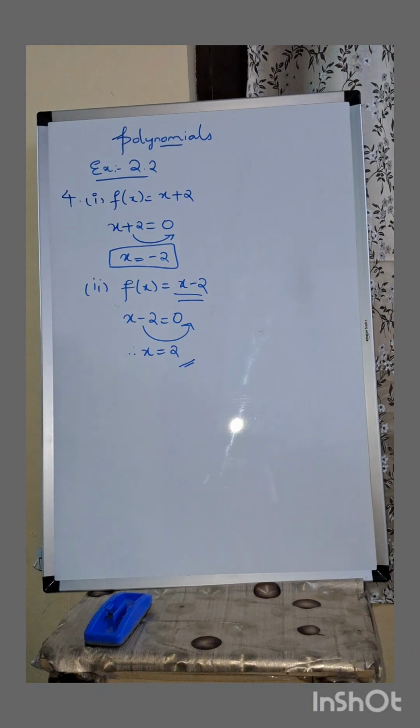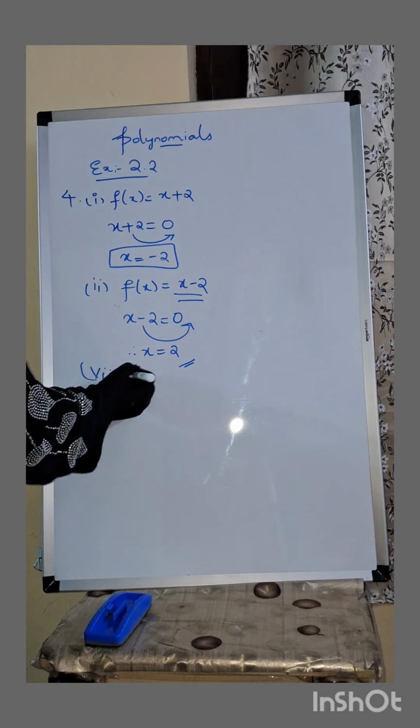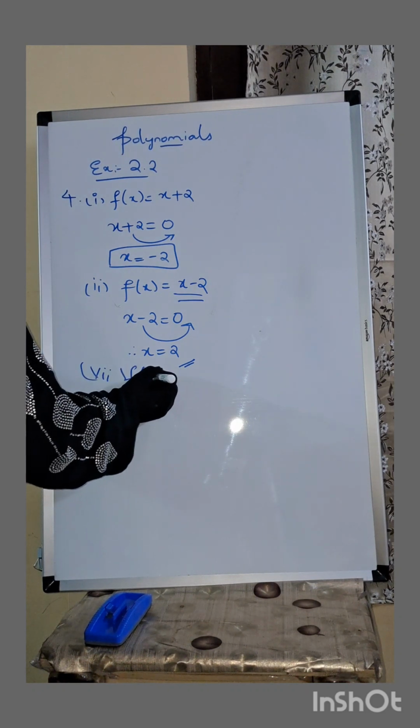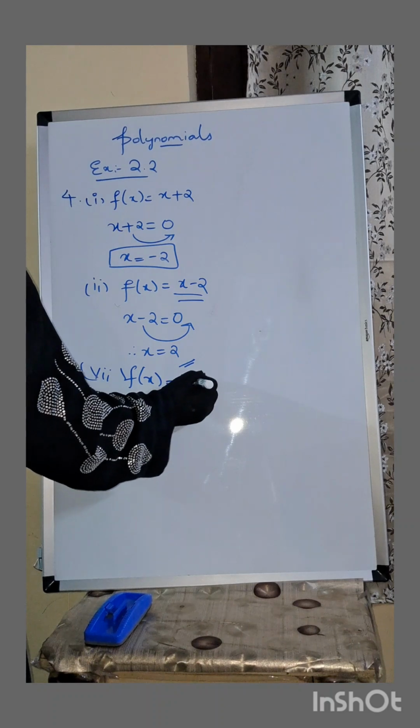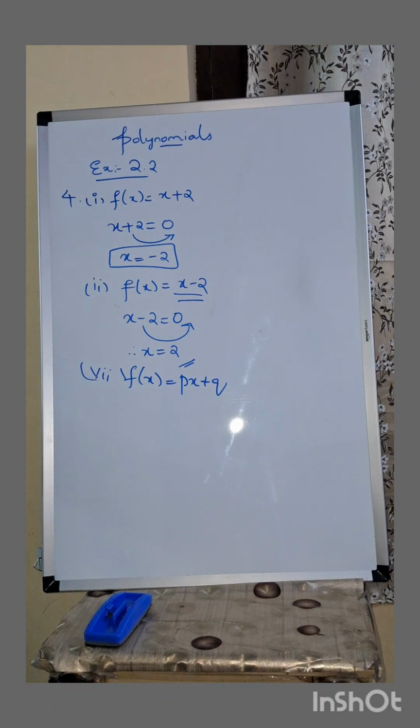Similarly you have to do for f(x) = 2x + 3, 2x - 3, x square, f(x) = px, and I'll show you one more question. The seventh one, f(x) = px + q. In this one you need to find the 0 of the polynomial when p and q are real numbers.